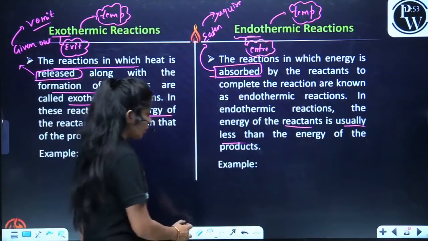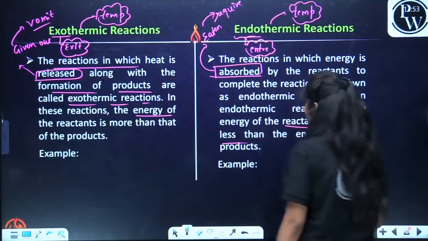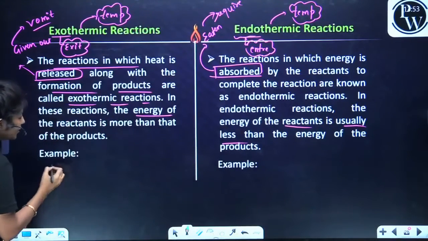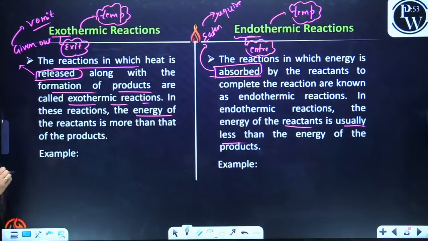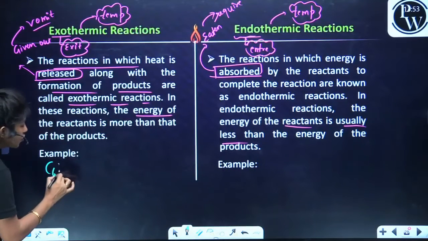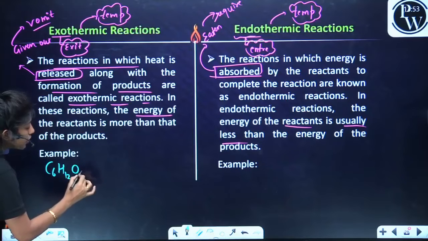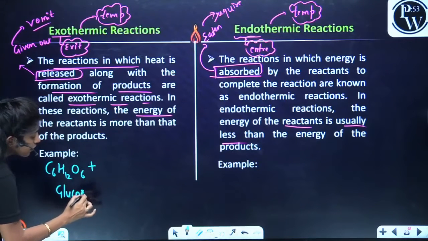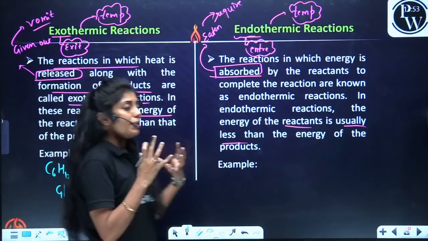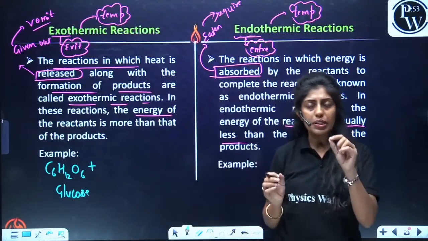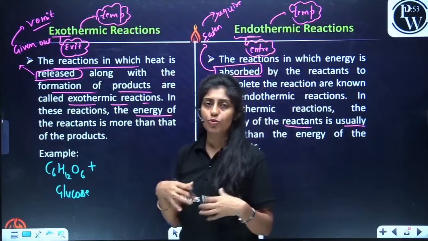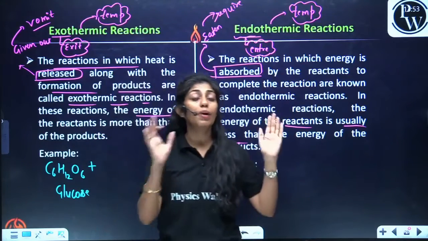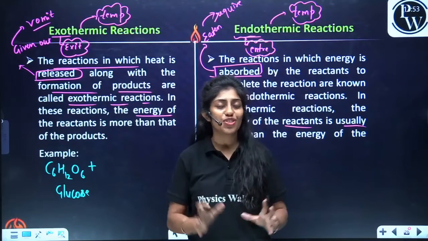Now let's see what an appropriate example can be. In the case of exothermic, we can take the example of respiration, yes or no? So in respiration, glucose. Now we will discuss respiration a bit. When we eat food, it is very complex, so food undergoes many biochemical reactions in order to be digested.